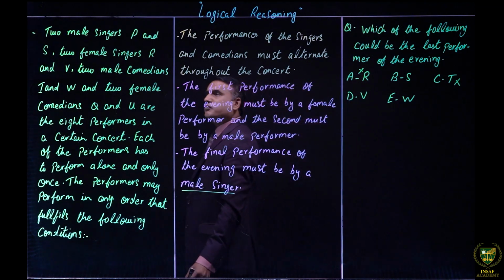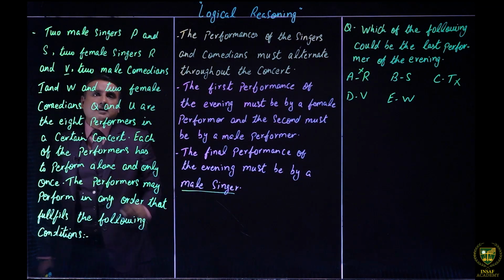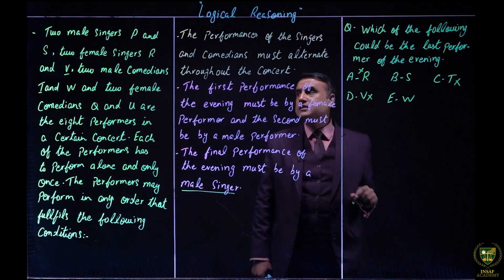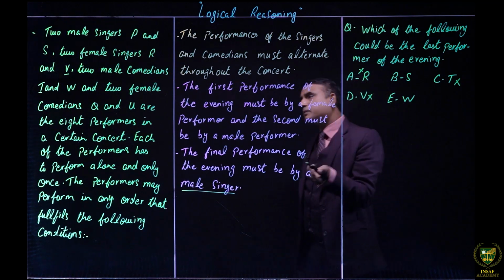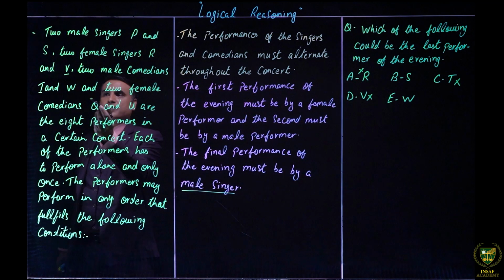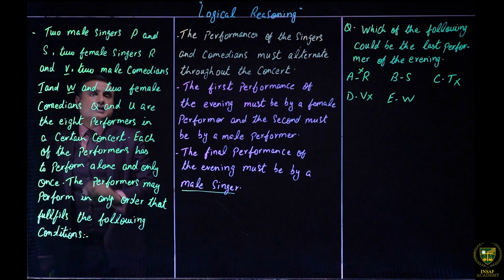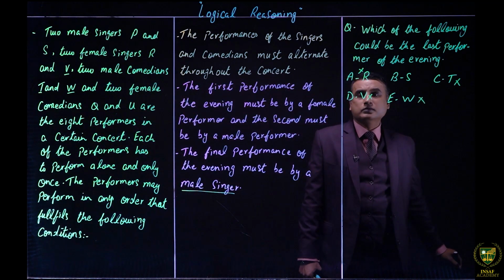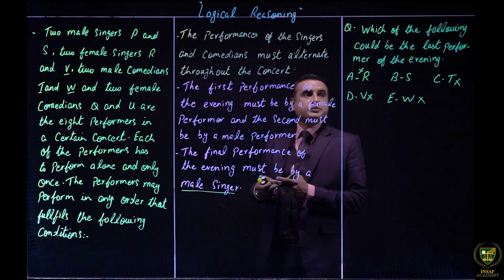If we talk about V, V is a female singer. V cannot be the case. And if we talk about W, W is a male comedian, so W cannot be the right option.